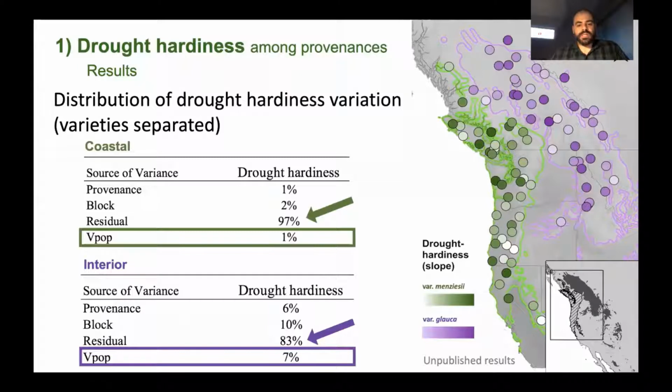So I went a step further and separated the two varieties to partition the variances, and the pattern is pretty similar but not the same between the two varieties. So most of the variation is within provenances, and for the interior variety, some signal of local adaptation was also detected, with 7% of the variation being explained by among provenances variation.